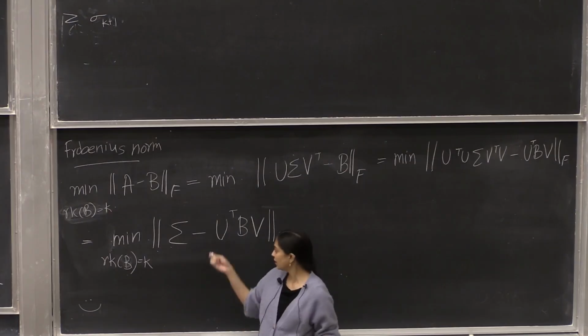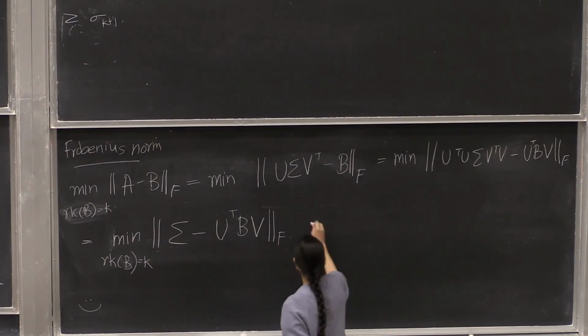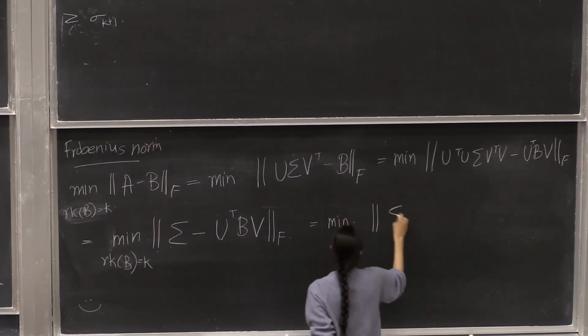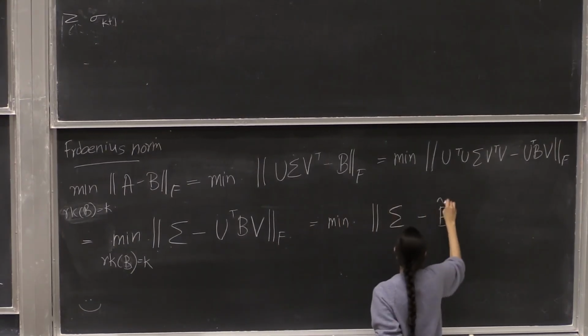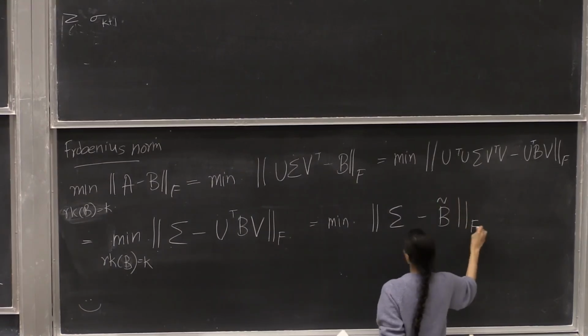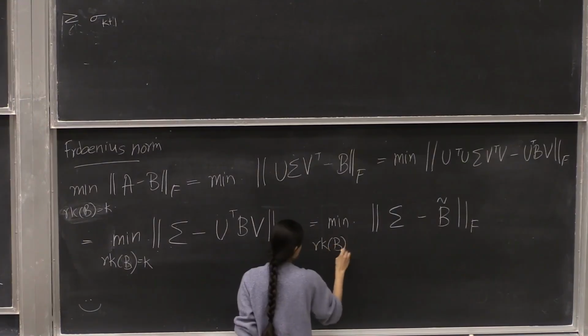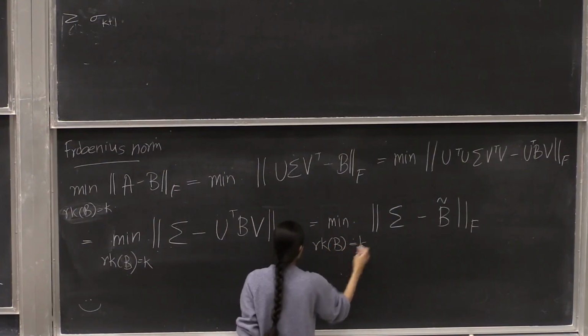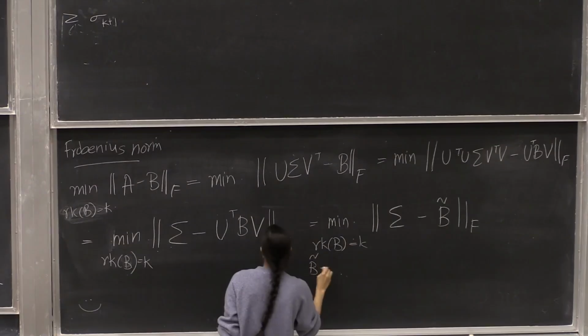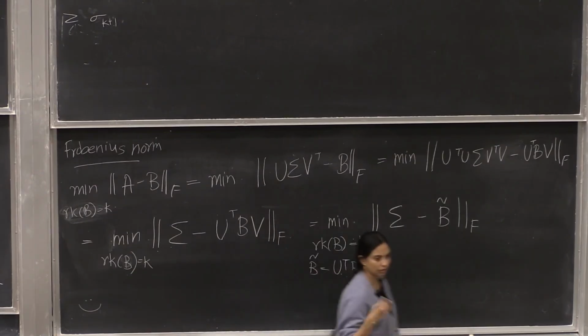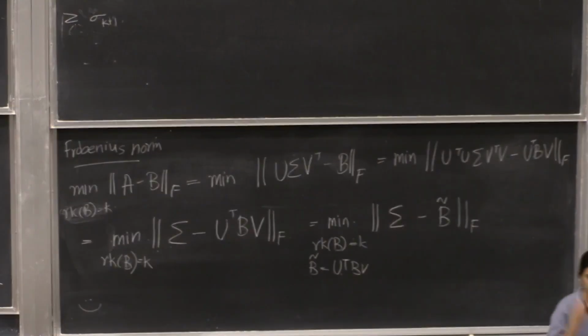And then I have this thing here. So maybe I should just write this as min over B twiddle, Frobenius norm. My rank of B is still equal to K, and I have B twiddle equal to U transpose B V. I just give it a different name to make it easy to think about.